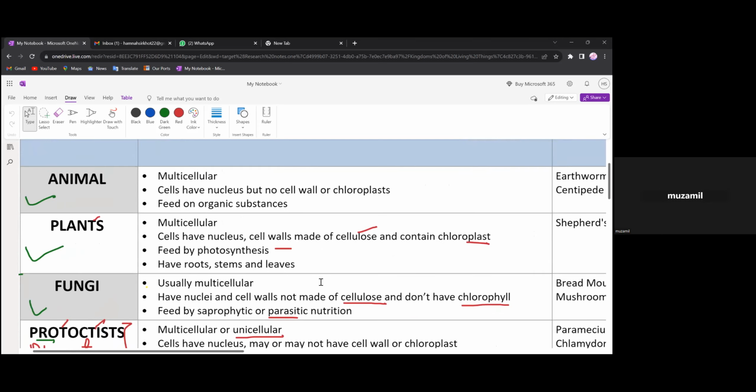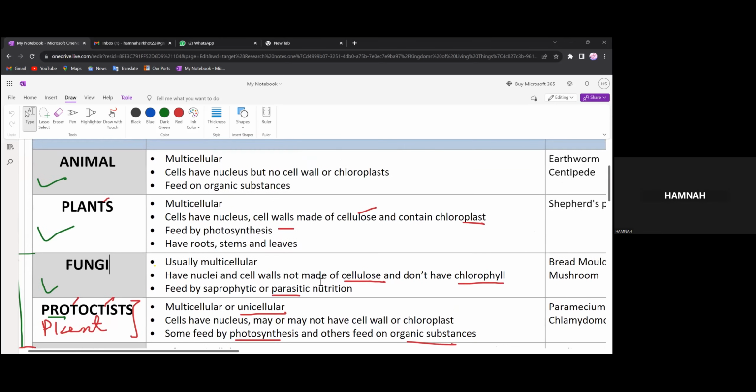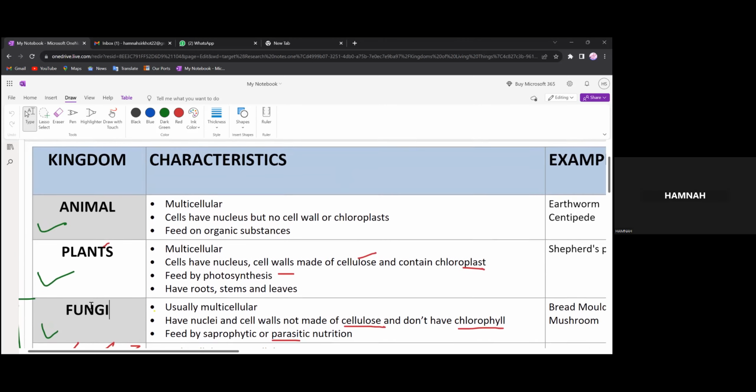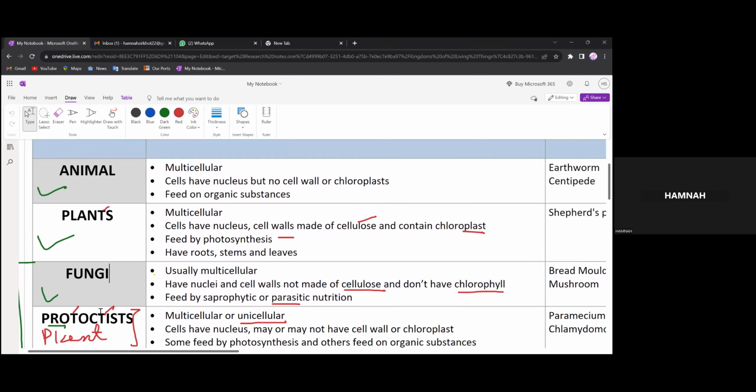Good. Protoctists. Tell me about protoctists. What did I say about protoctists? They are multicellular, and they can also be unicellular. If you're asked to write characteristics of protoctists, you think two T's. Plants have T's, so protoctists are closer to plants.